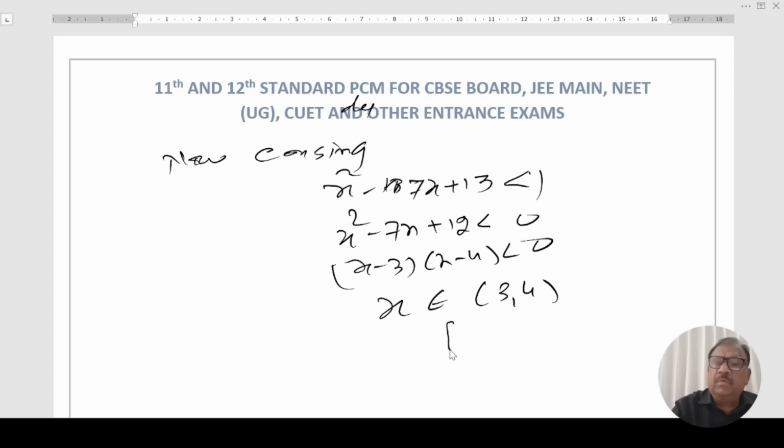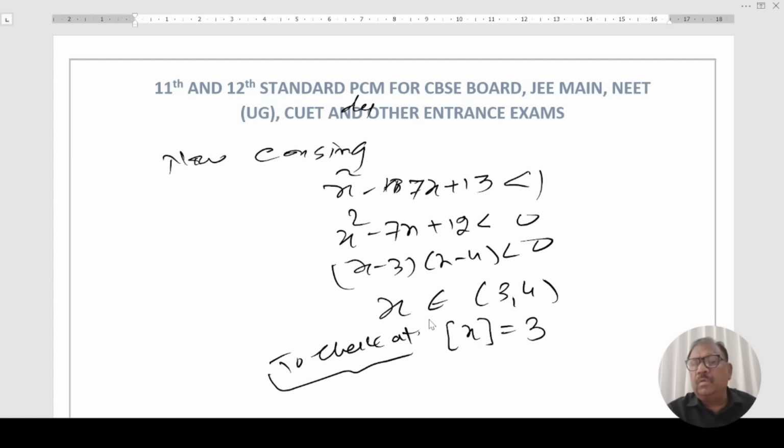Means we have to check the greatest integer function here. Because x is greater than 3 and less than 4, the greatest integer function will come out to be 3 at this point. Right?